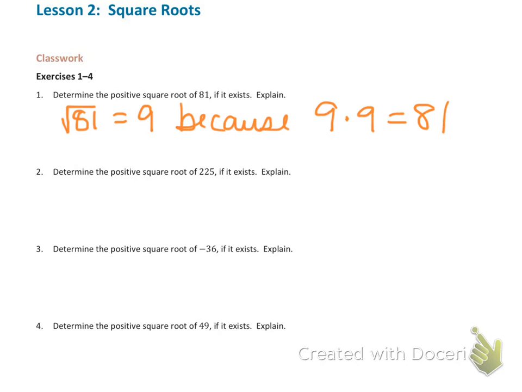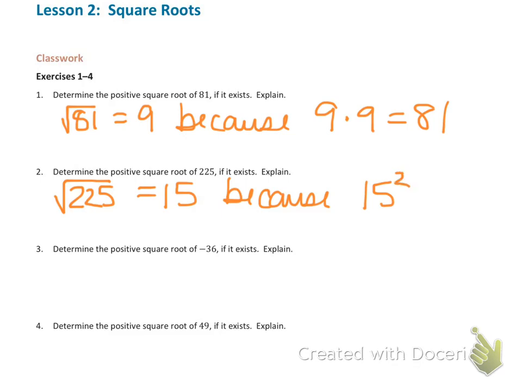Okay, so for the next one, I could say the square root of 225 is equal to 15 because 15 squared is equal to 225. Okay, another way of saying, here I could have said 9 squared is equal to 81.